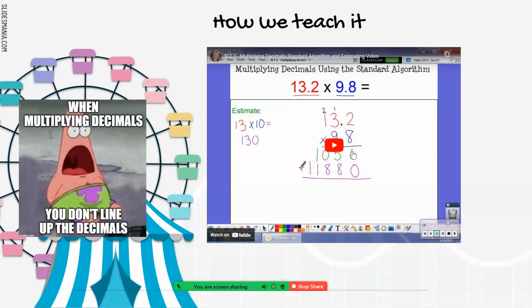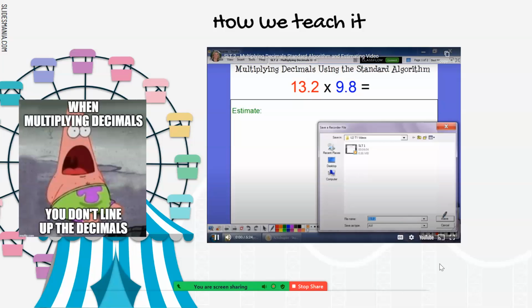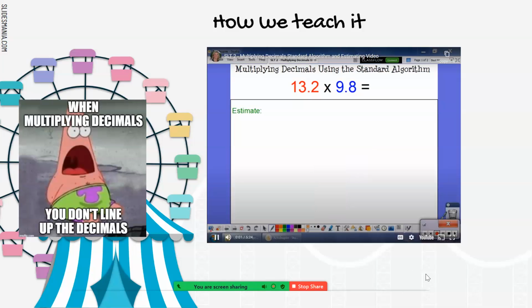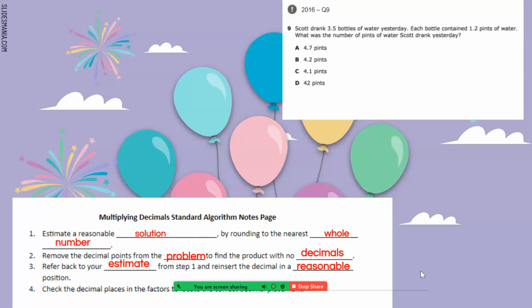I believe in this video or in the next one, it also tells like, oh, it's one place over, so I'm going to go over 2 places. But the estimating really helps with the reasonableness and making it make sense, doesn't it? Okay, so how we teach it, I'm not going to make you watch the video now. You can do that on your own time.